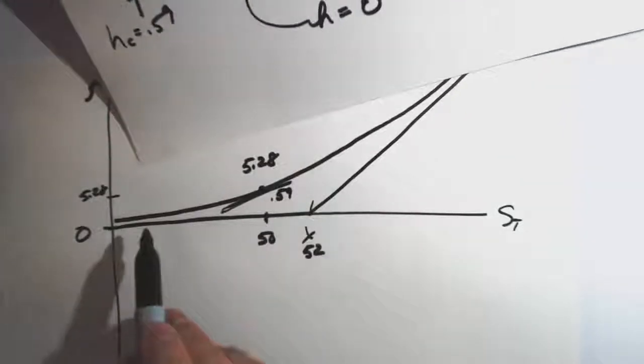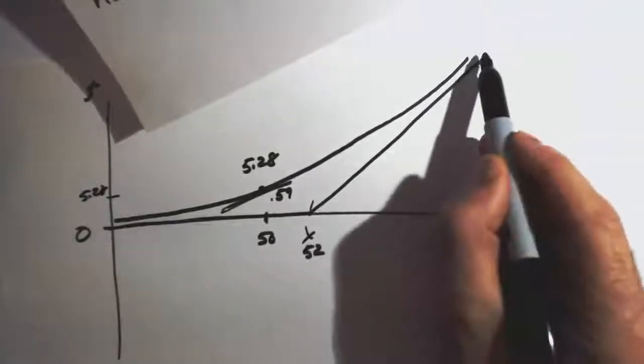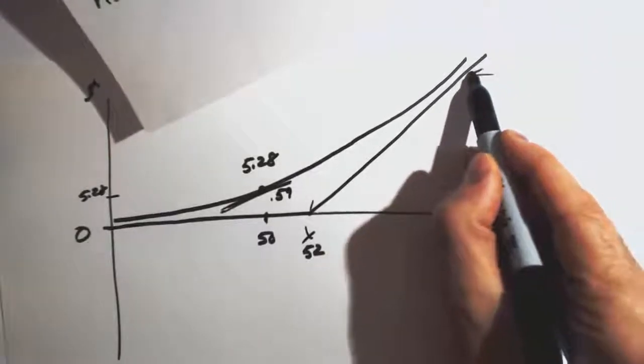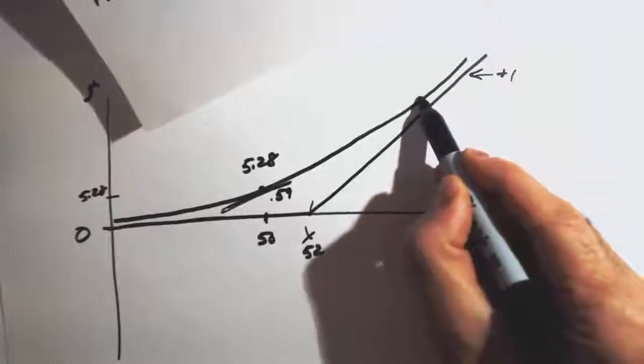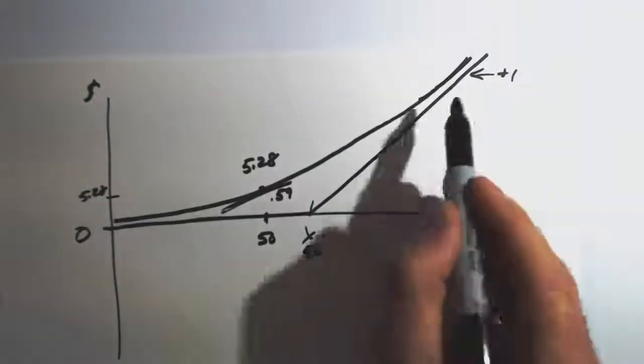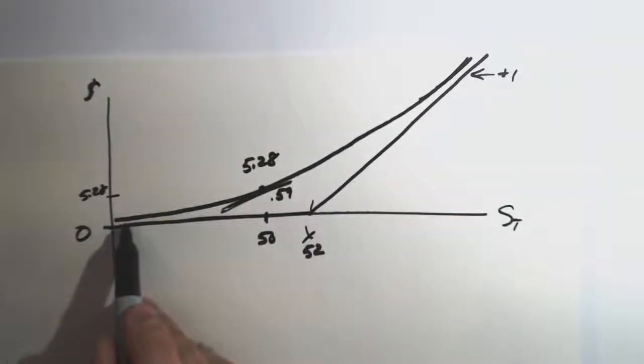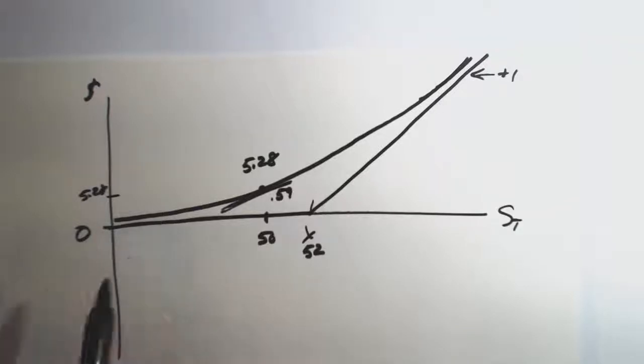That's the slope. Now, the slope here starts out at basically 0 here and approaches 1. Remember I told you that this slope is positive 1, so this is approaching that positive 1 slope. So you can see H goes from positive 1 to 0, and so it's giving you an indication of the probability the option finishes in the money.